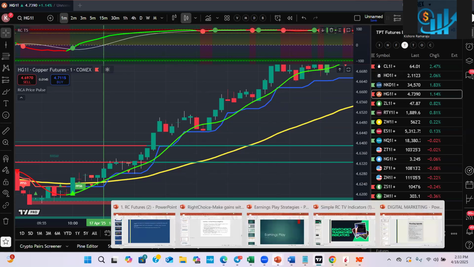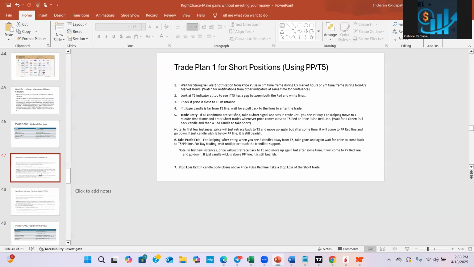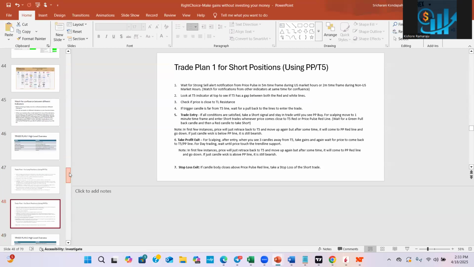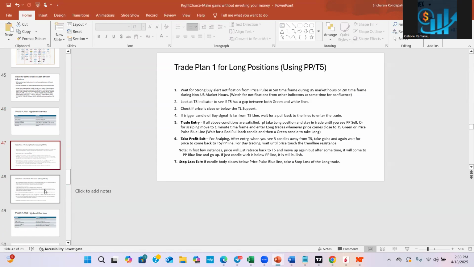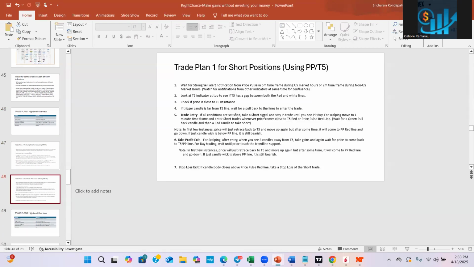And if you follow this trade plan one for long position or for short position using price pulse and T5, this is the first strategy. If you use this strategy, your returns will be high, your risk is very medium, but you'll make nice gains with each and every trade.